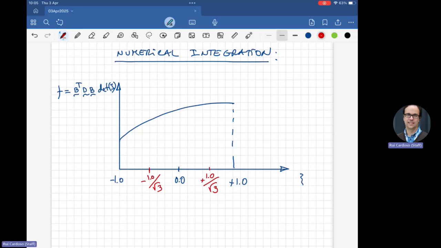So basically it works like this. I evaluate my function at this point. So this is my C variable, right? We call these points in red integration points.